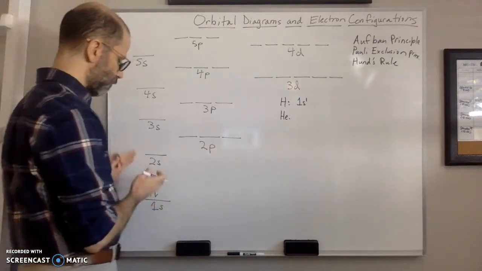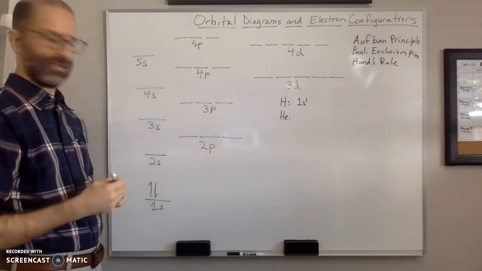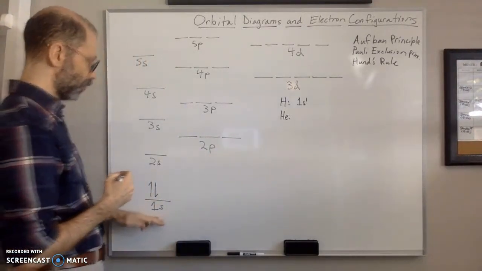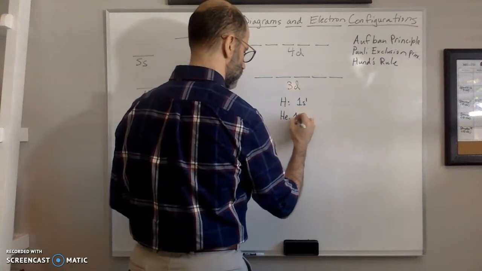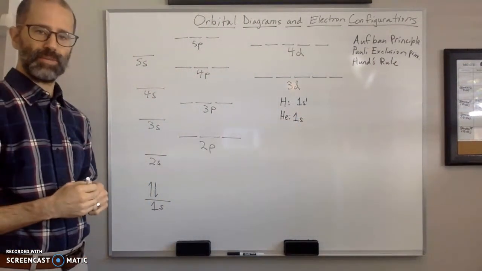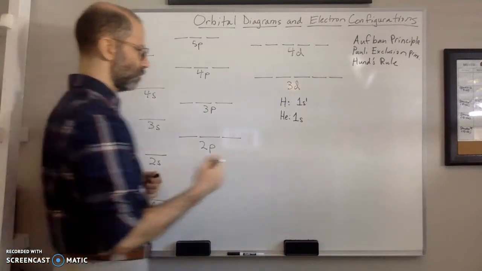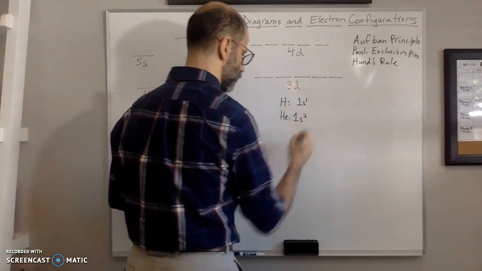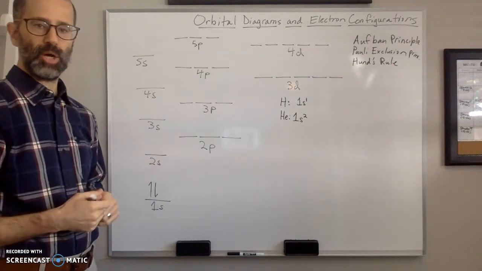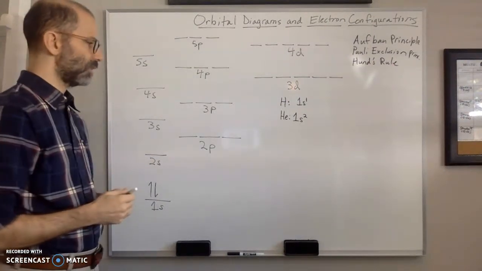From the orbital diagram, I can get the electron configuration. The subshell is filled here, so it's 1s, and I have 2 electrons in that subshell, so I'm going to put a superscript 2. Let's keep going. What's the next one?